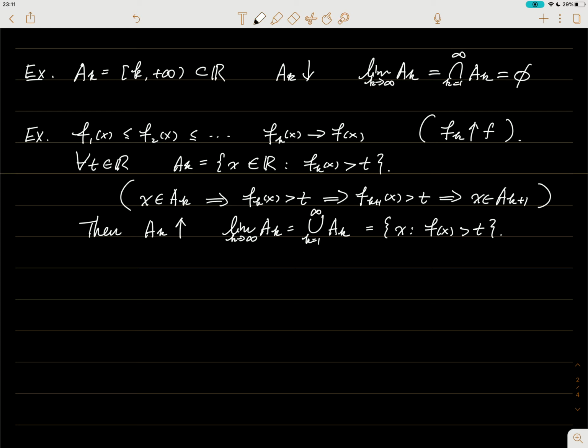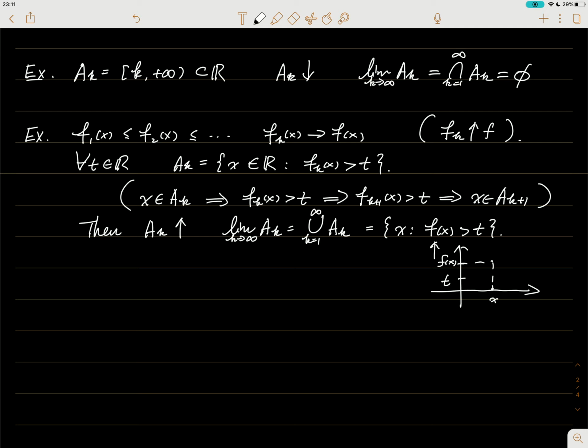So here's the idea. You look at this left-hand side. This is all the x such that f of x is bigger than t. So if I draw the picture, say this is t. This will be f of x.